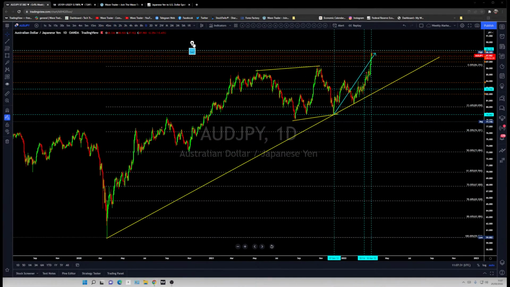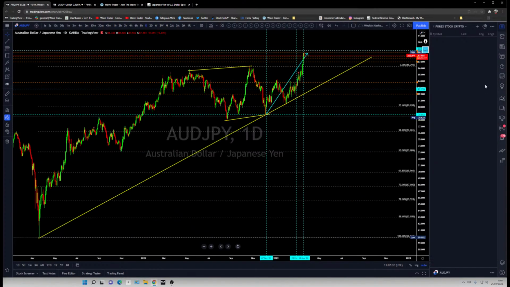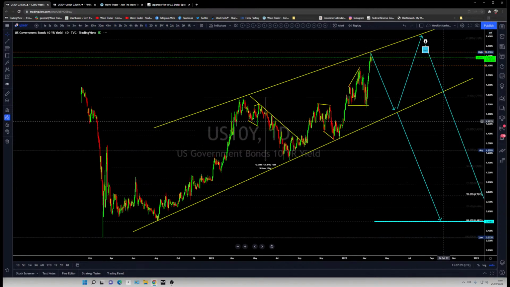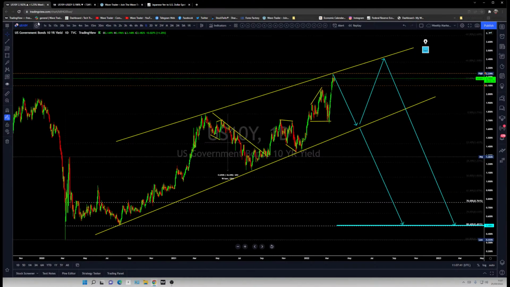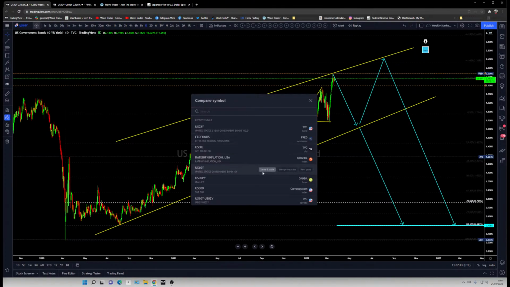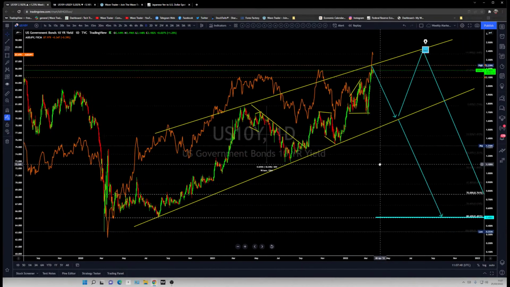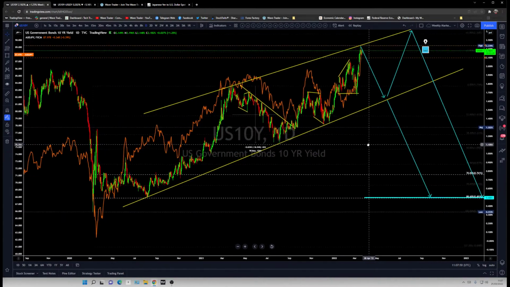If I pull out this chart on my 10-year yield, the pattern is very similar to the yields.